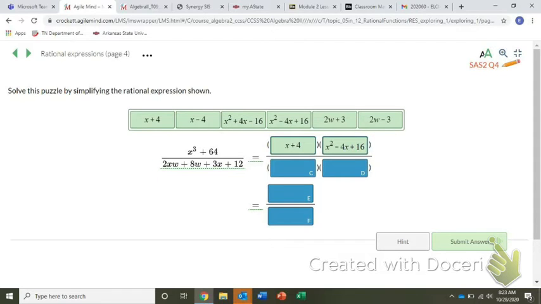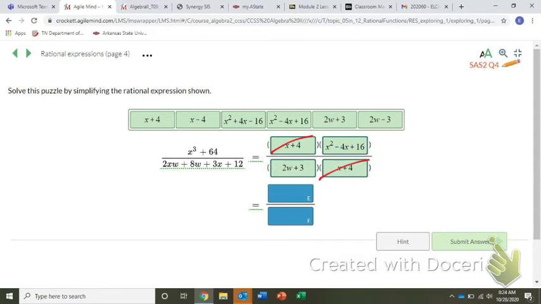But you know that if you have an x plus 4 on the top, you're going to have an x plus 4 on the bottom so you can cancel them. That's right. So let's go ahead and put our x plus 4 on the bottom. And everything's positive, so 2w plus 3. Now we cross out what is common, which is the x plus 4s.